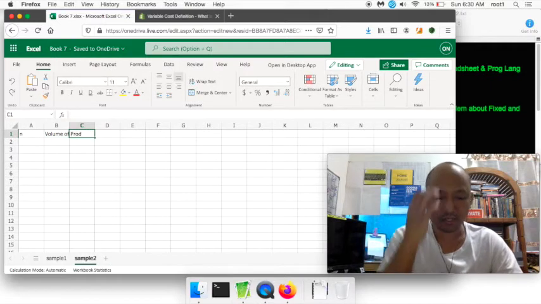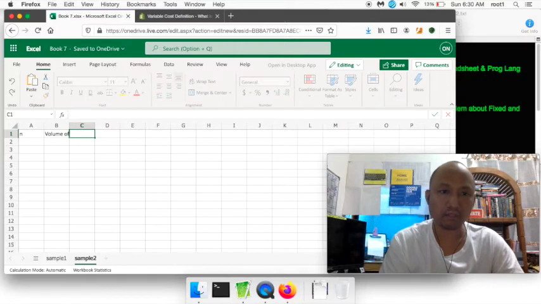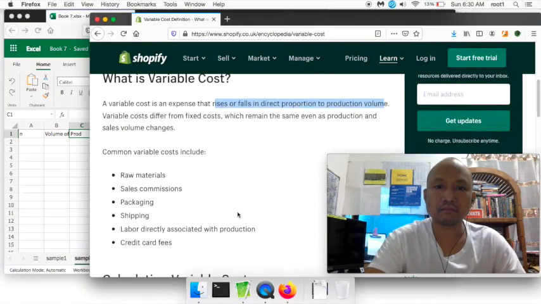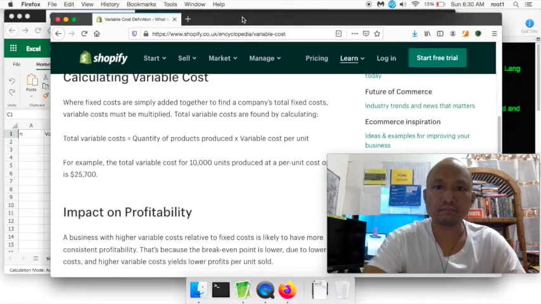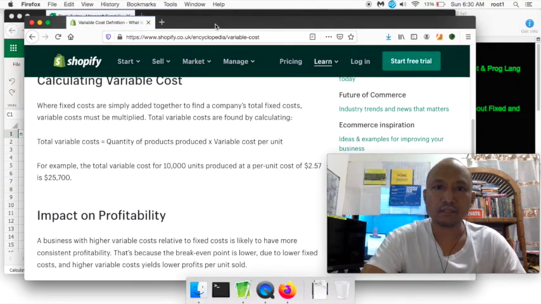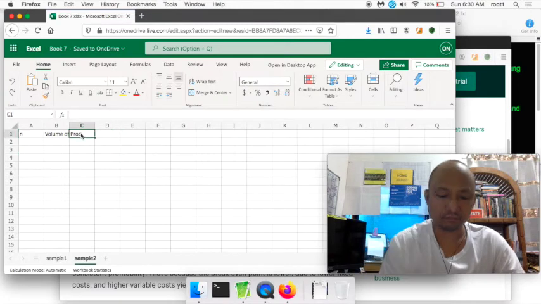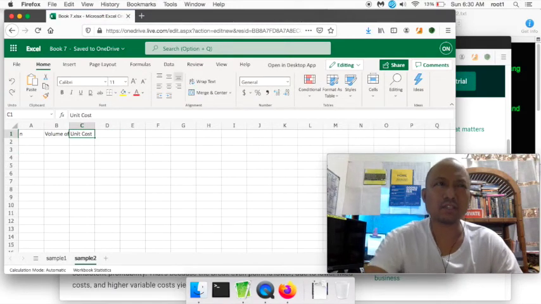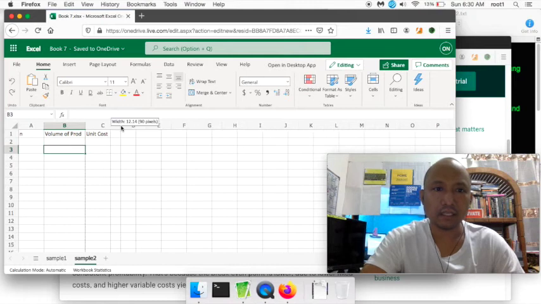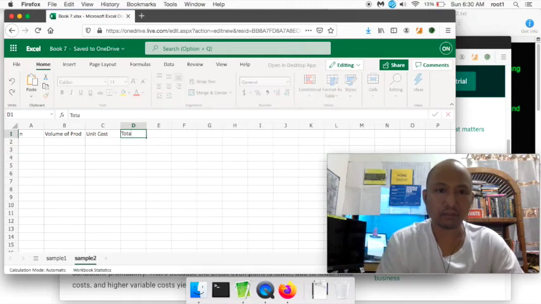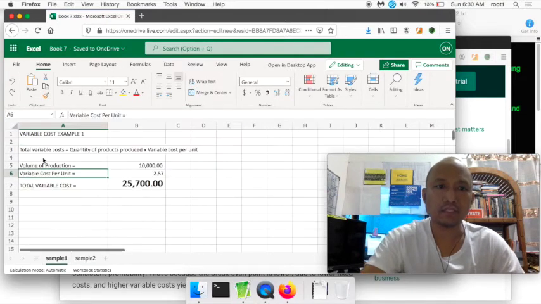And then let's try to see that this would be our variable unit cost. So unit cost technically is how much per unit of this volume would typically cost. And then of course here we have the total cost. This is just multiplying the volume or the quantity of products produced by the variable cost per unit.